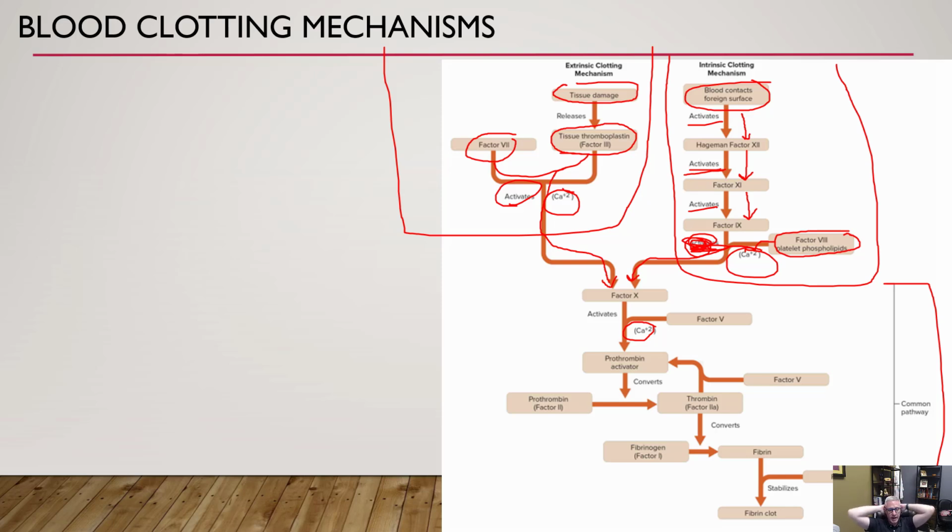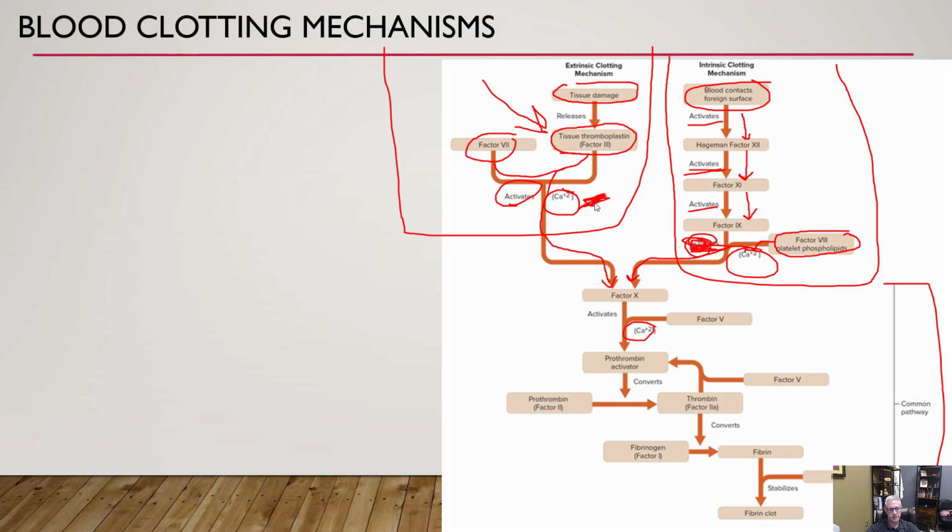With the extrinsic pathway, damaged tissue releases tissue thromboplastin, which is factor 3. It's going to activate factor 7, and then in the presence of calcium, calcium is our friend, it's going to combine and activate factor 10.